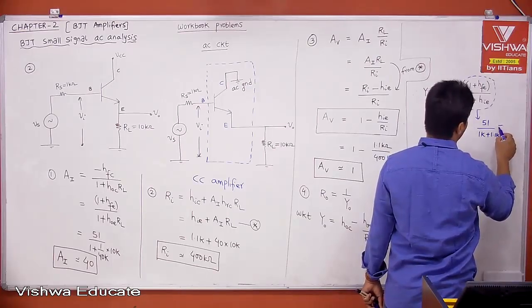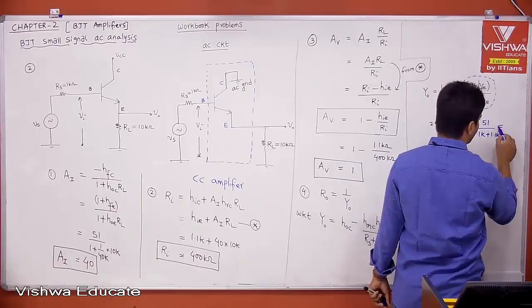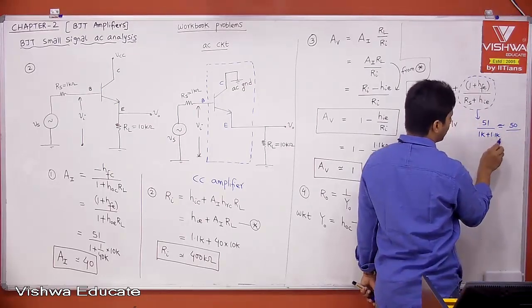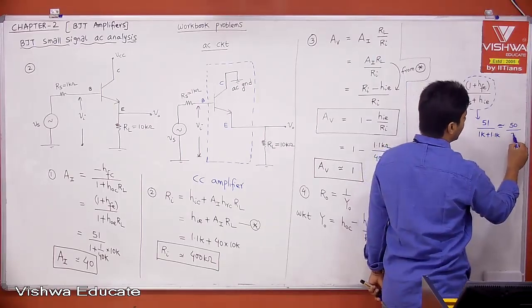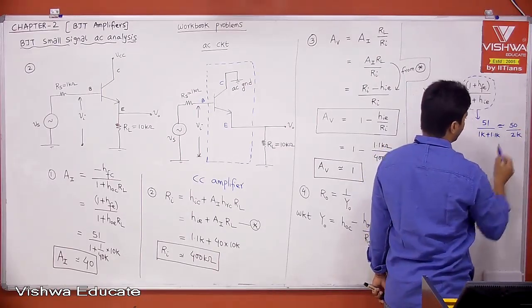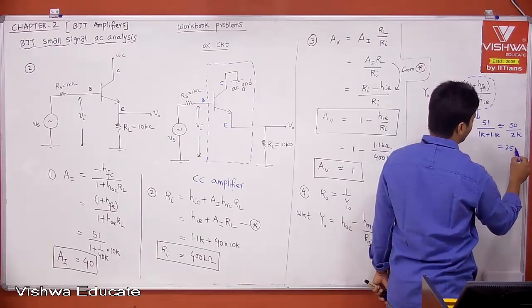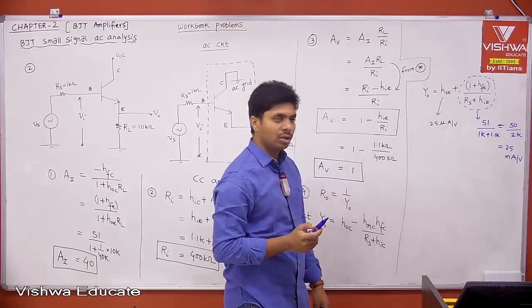Then if you calculate, can I take this 51 as approximately 50? And can I take 1.1K as 1K? Then 1K plus 1.1K is 2.1K. Let me take it as approximately 2K. Then this value is nothing but 25 milliampere per volt.